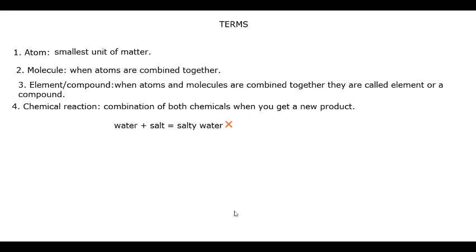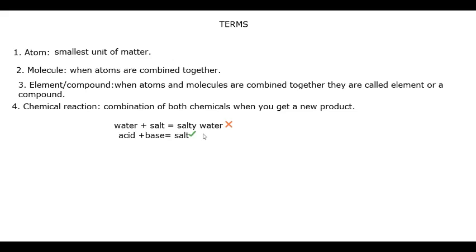But if I take acid, which could be anything, plus base, then it is equal to salt. So is this a chemical reaction?